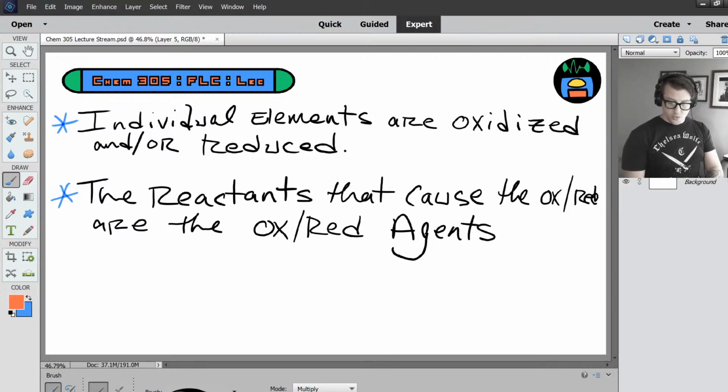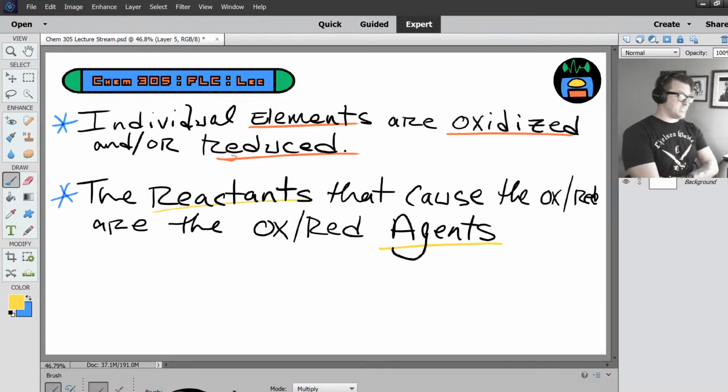All right, so when you talk about elements, you can talk about being oxidized or reduced. When you talk about agents, oxidizing and reducing agents, you're talking about reactants, however that species appears in the reaction.